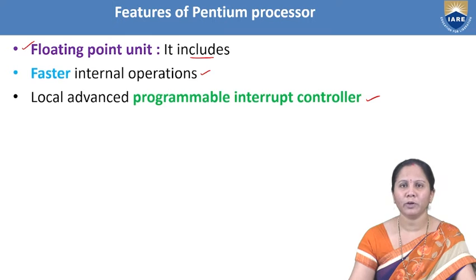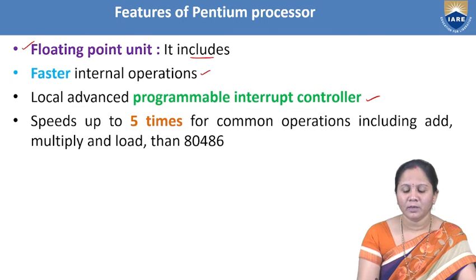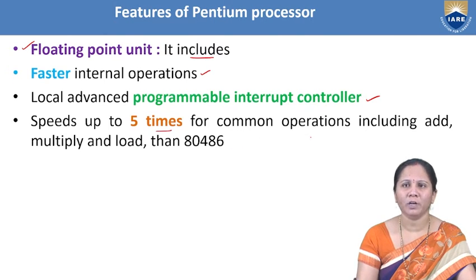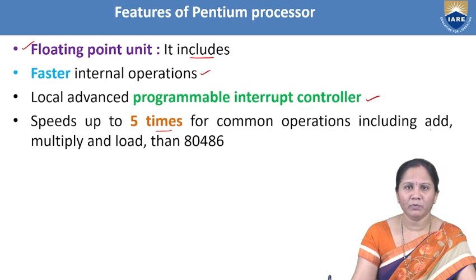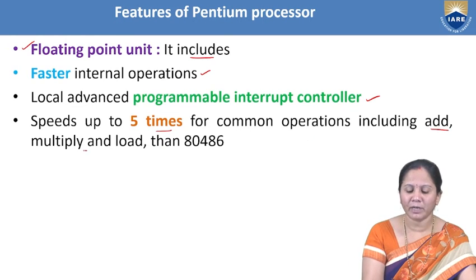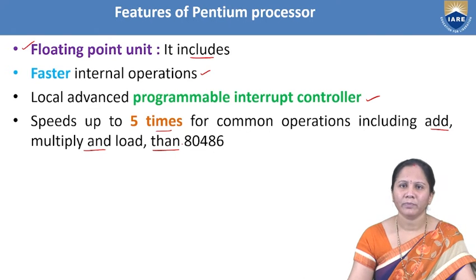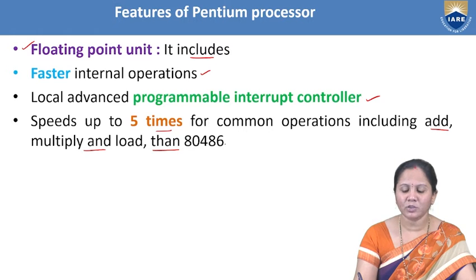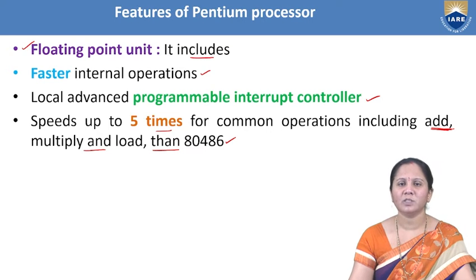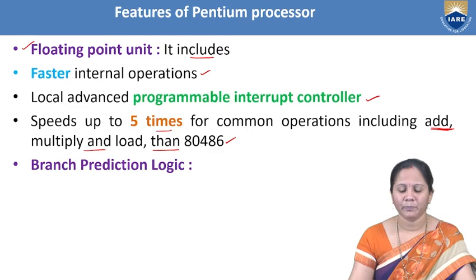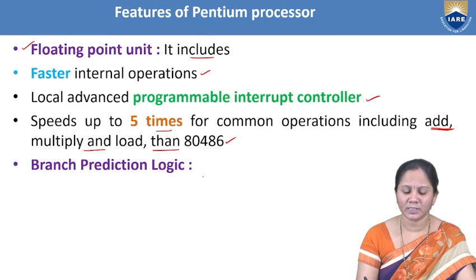The speed of operation will be increased up to 5 times compared to normal operations, applicable for instructions like arithmetic, multiply, load, and store in the instruction set. Compared to 80486, the Pentium processor executes these instructions 5 times faster because it has different execution units.